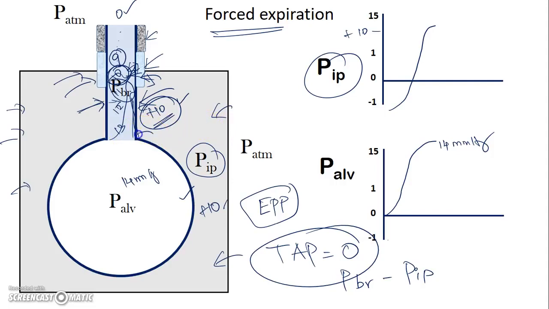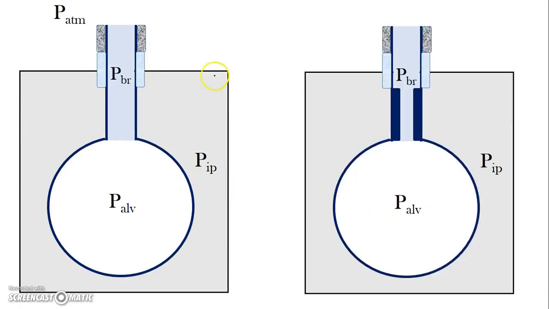So this will cause compression of the airways during forced expiration. So this is a normal respiratory system, and this is a patient with obstructive disorder where the airway size has decreased. Now in a normal individual, the equal pressure point happens within the airways which have cartilage support, so there is no problem of compression.